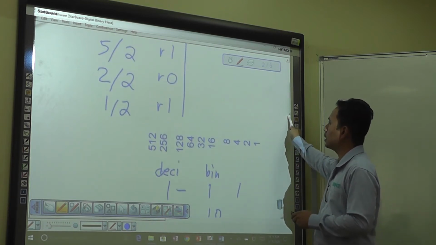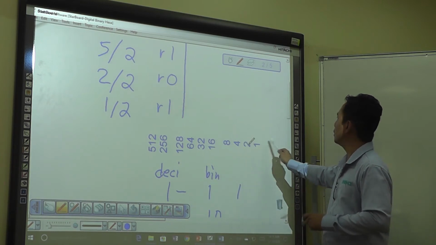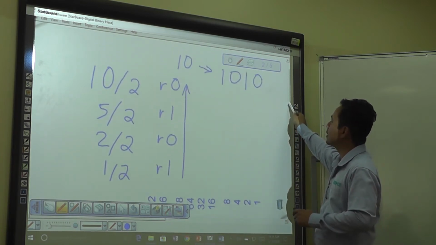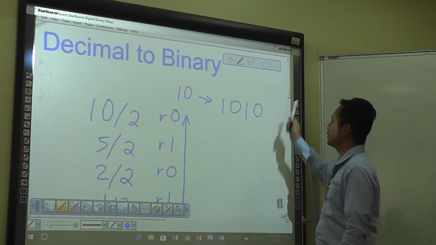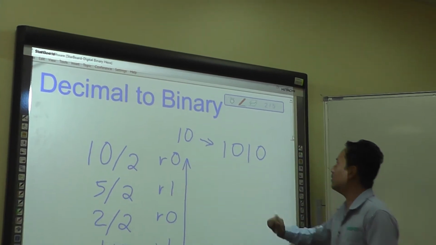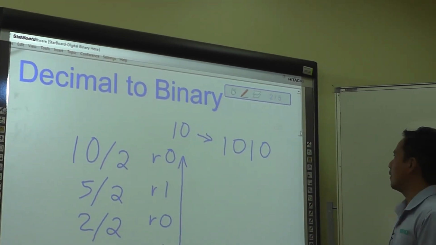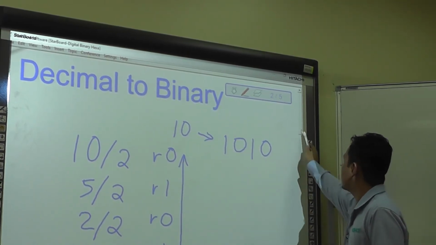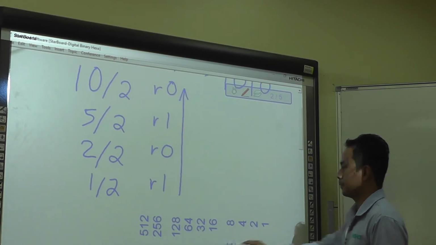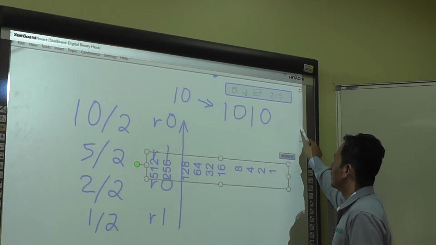Now, go back to this. By using these values, we will check what number this is. How do we get the decimal number 10? I already prepared this.